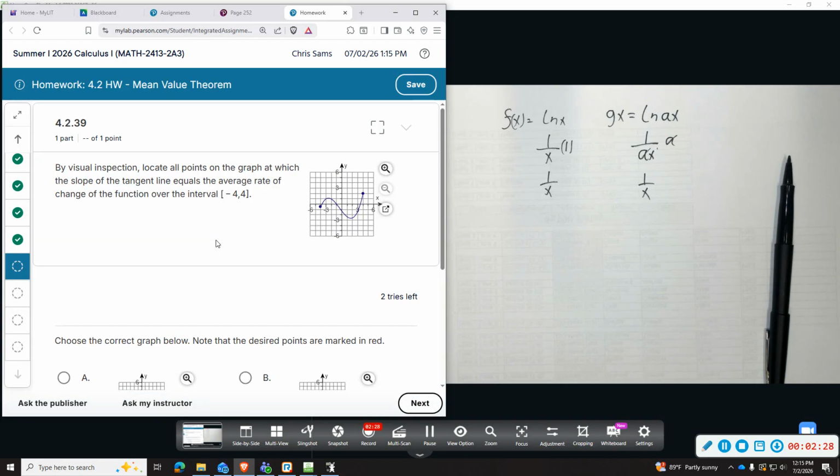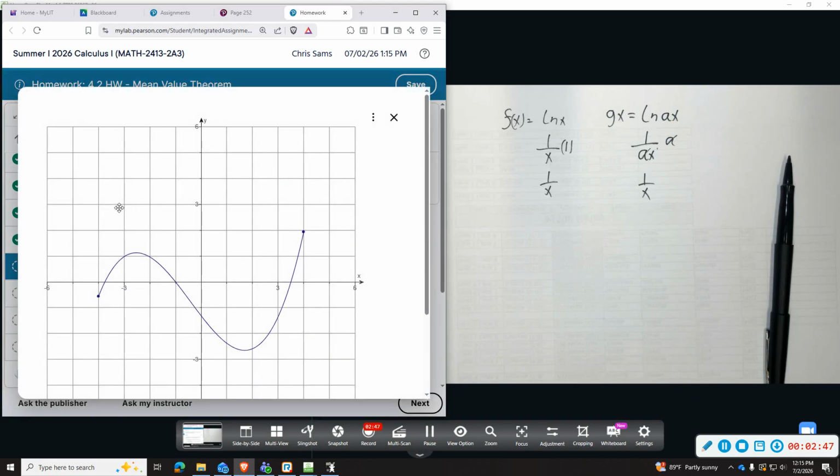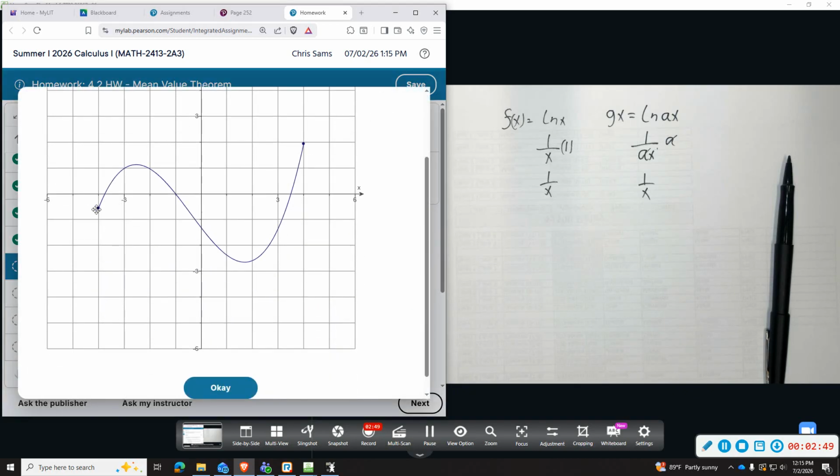All right, number 12. It says, by visual inspection, locate all points on the graph at which the slope of the tangent line equals the average rate of change over the interval -4 to 4. Okay, so we're going to kind of look at this. So from -4, if I was to draw a line connecting the dots, it would be a positive slope.